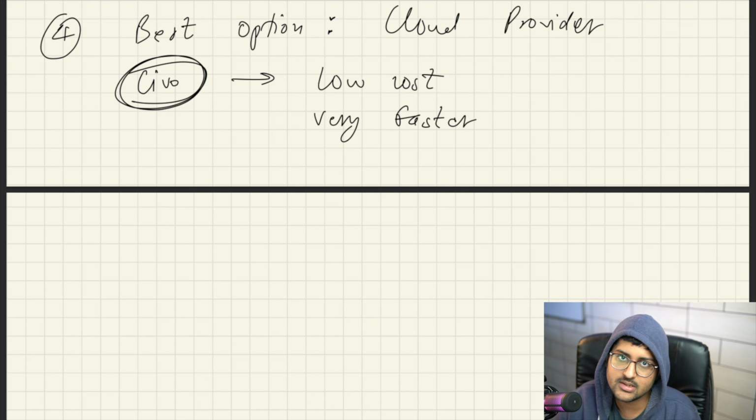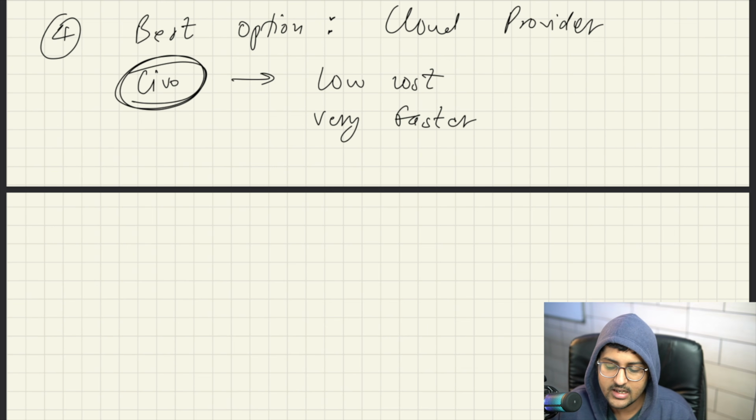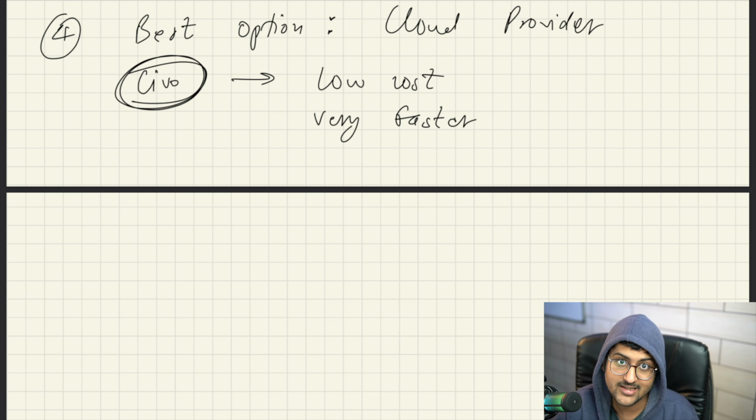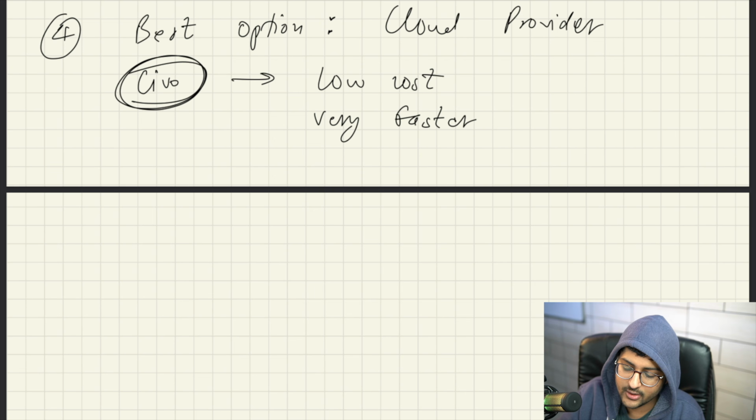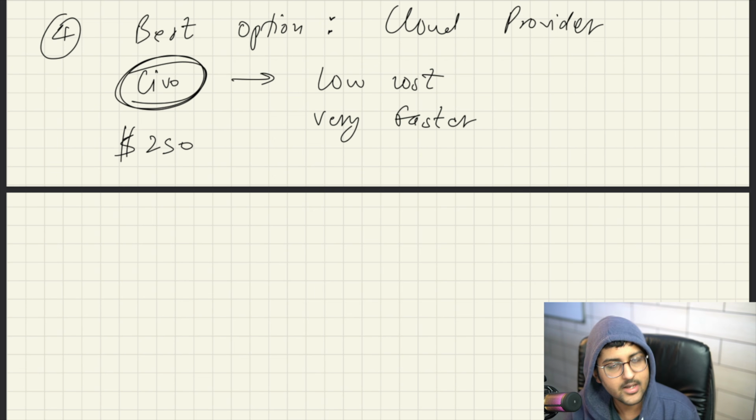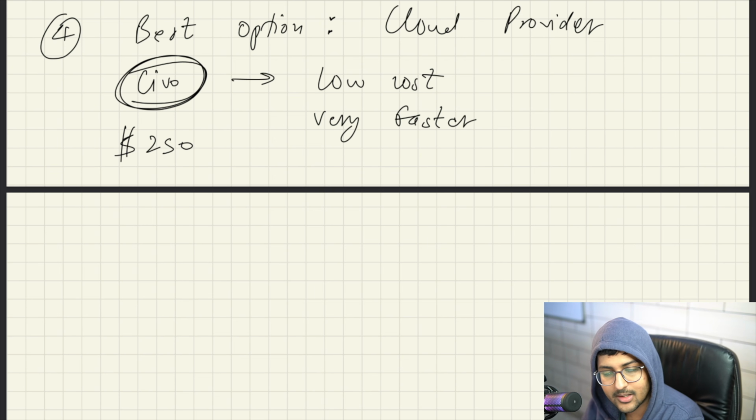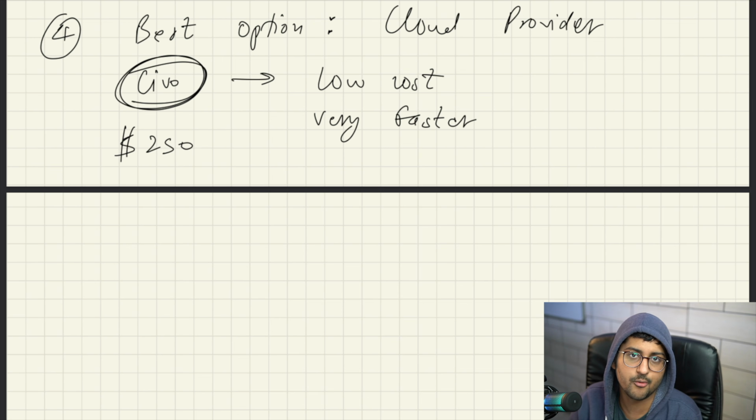You want to use AWS and stuff, go for it. But when your bill comes out to be like $100 and stuff, then don't come running to me. Okay. The same stuff that will take AWS 10 or 15 minutes to start a Kubernetes cluster, Civo will do it in 90 seconds. It's extremely fast, extremely cheap. You also get $200 worth of free credits. So if you want to start up with multi-node infrastructure, you would have to use a cloud provider.